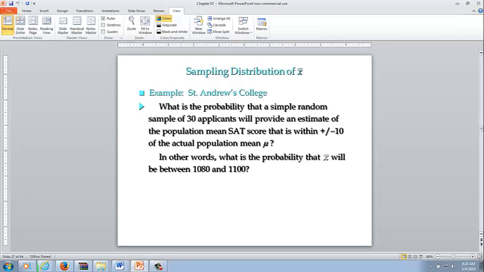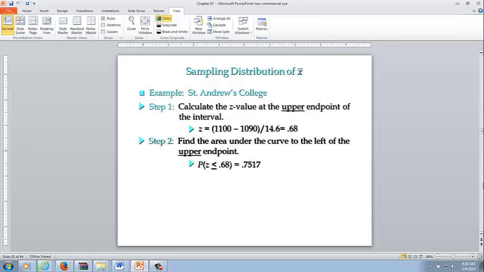We already know two things. First, that the mean of the sample mean is equal to the population mean, which is 1090. We also know the standard deviation of the sample mean x bar, and just refer to the previous equation.